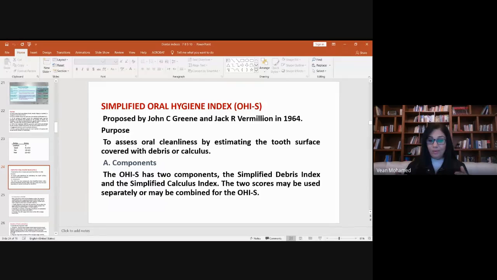But when we total these 2 numbers, the result will be the simplified oral hygiene index. So we measure the debris index and we measure the calculus index. The summation of these 2 numbers will be the simplified oral hygiene index, abbreviated OHIS.